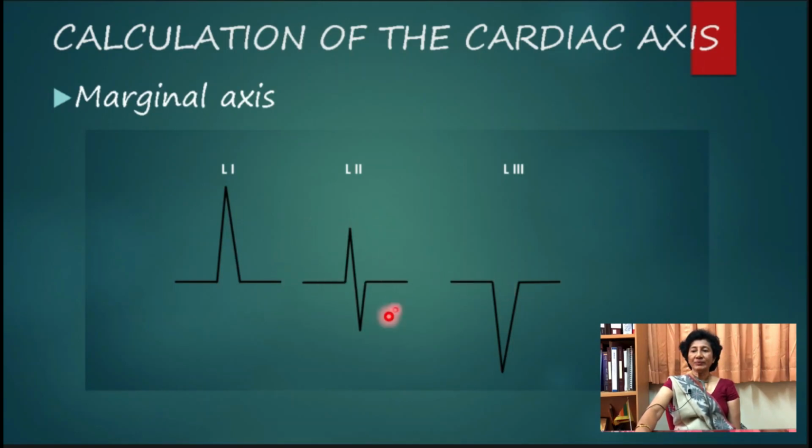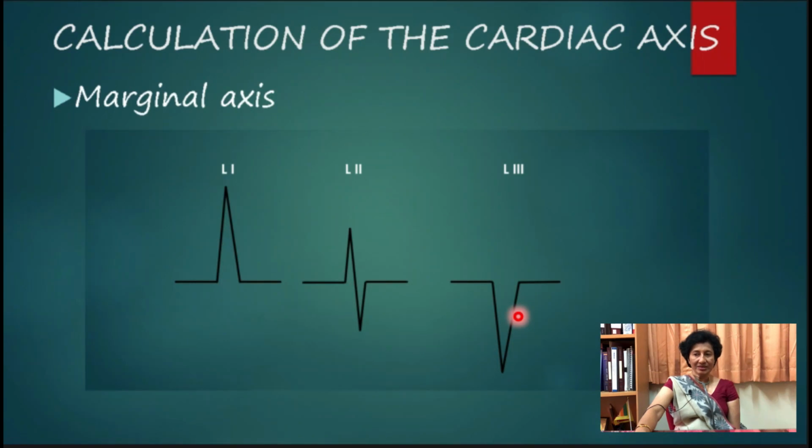In lead 2, if you see an isoelectric QRS complex, that means, as I mentioned earlier, the vector of this QRS complex is 0. With that, if you see a leave-in pattern in lead 1 and lead 3, this patient has marginal left axis deviation.